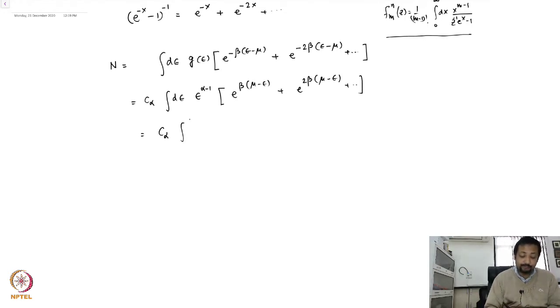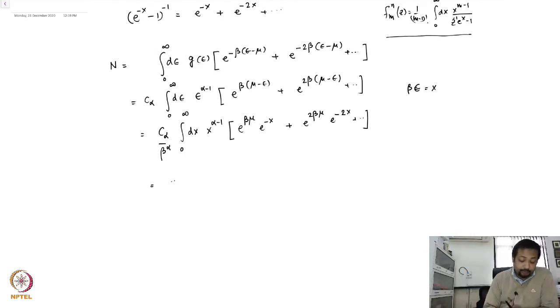Okay, first we convert this integral by substituting beta epsilon equal to x, and this gives me beta to the power alpha, integral dx, the limits are 0 to infinity, x to the power alpha minus 1 e to the power beta mu e to the power minus x plus e to the power 2 beta mu e to the power minus 2x plus higher order terms, which we are going to write as e to the power beta mu times a1 plus e to the power 2 beta mu times a2.